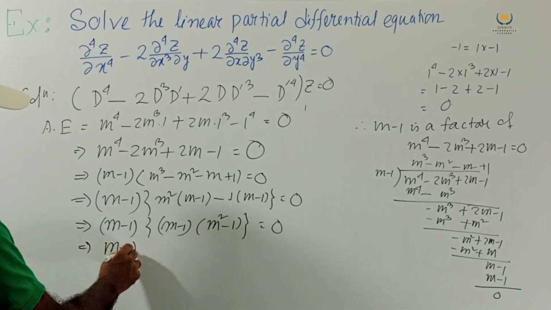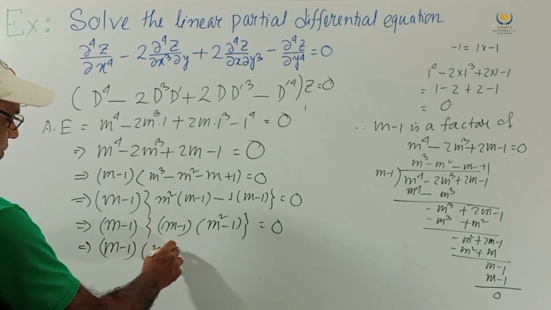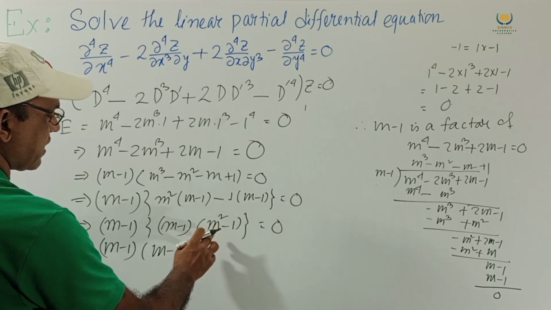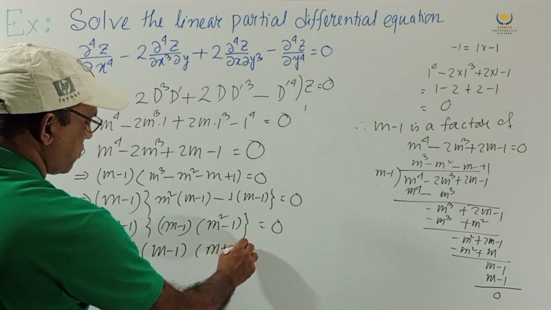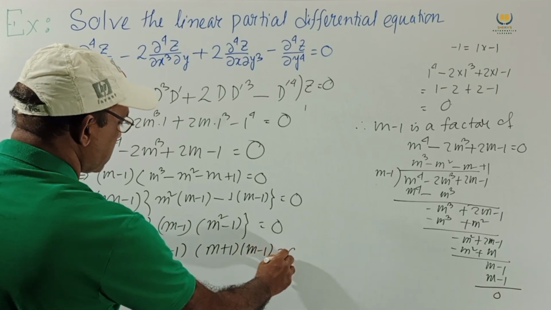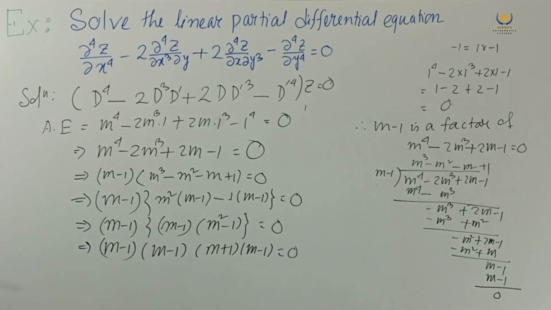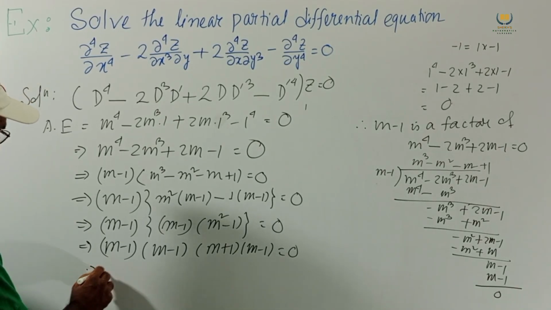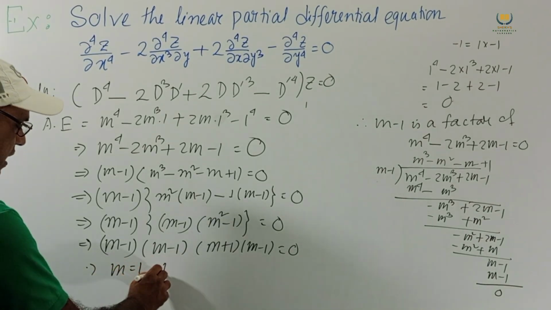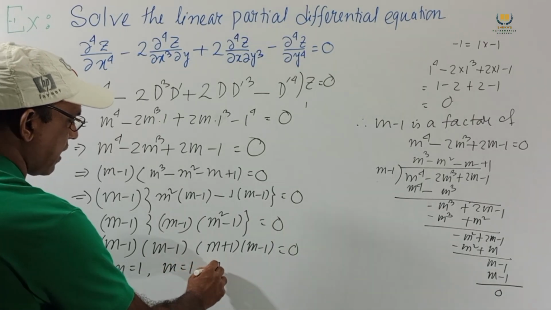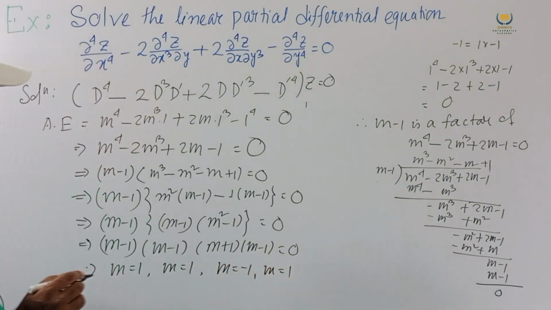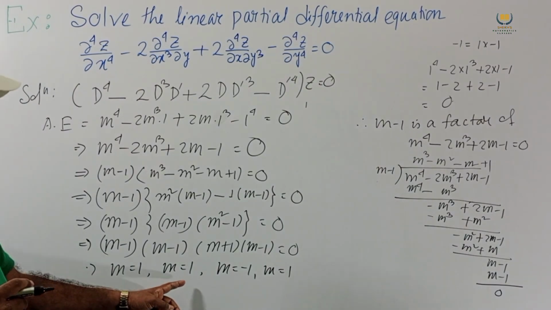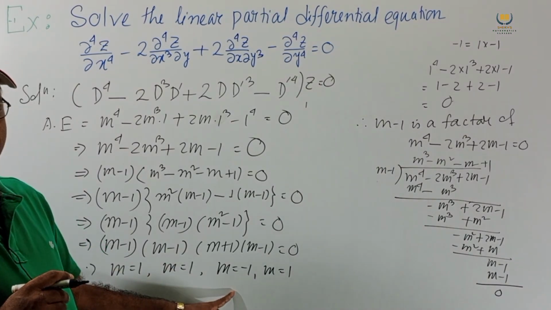So m minus 1, and from this we get the a square minus b square formula, a plus b into a minus b, equal to 0. So this is the factorization. So obviously m equal to 1, m equal to 1, m equal to minus 1, m equal to 1 we get. So three roots are equal, one is unequal.